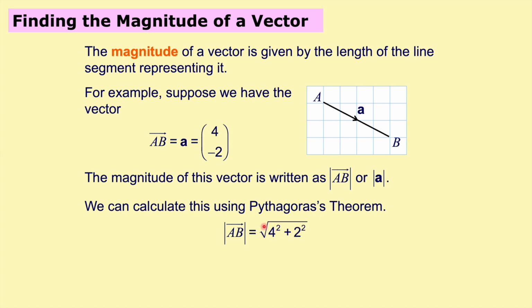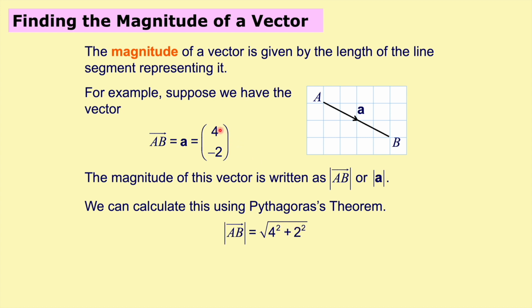The reason we have the square root is because Pythagoras' theorem is c squared equals a squared plus b squared. So c being the vector length that we're trying to calculate, but because it's c squared, we just want c on its own, so we just want the magnitude on its own, hence why we square root the other side. So we're square rooting each of the components squared and added together.